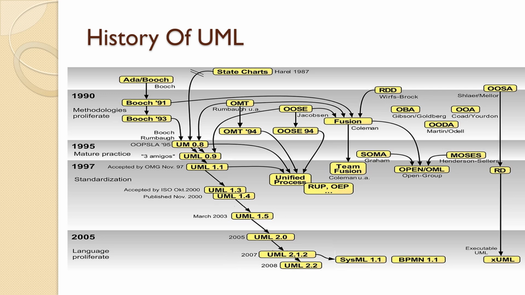They combined object modeling and design. UML 0.8 was introduced in 1997 and approved as a standard. They are used for object-oriented analysis and design concepts, and they use UML diagrams.